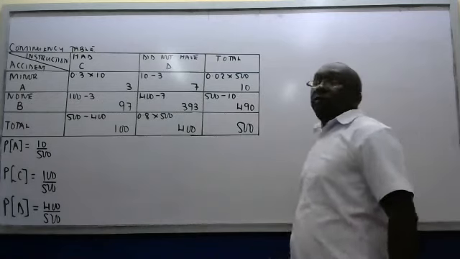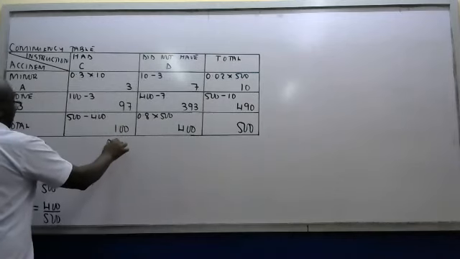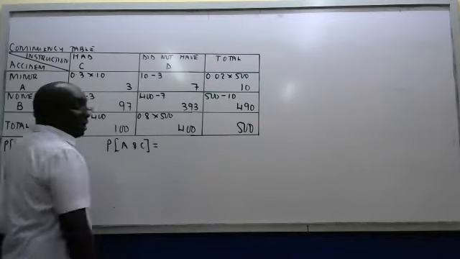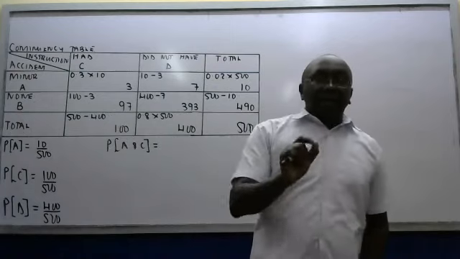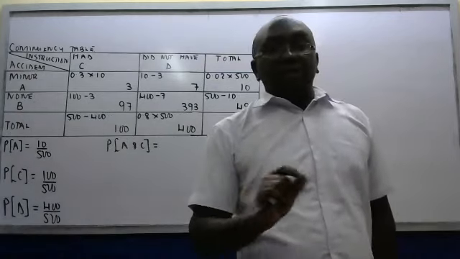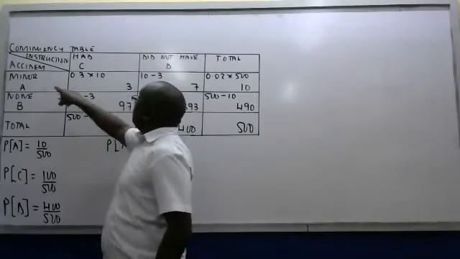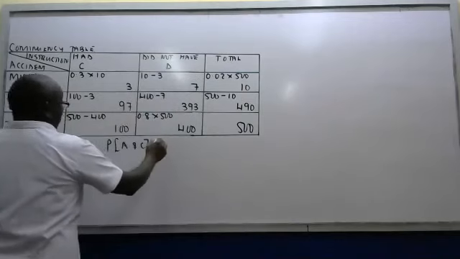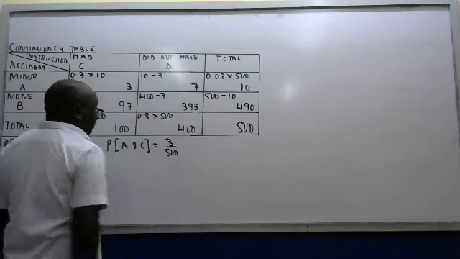If we are told to give us probability of A and C, right from when we began set theory, I told you the word "and" means intersection. So you go where C and A meet. Who is there? 3. So the probability would be 3 out of the grand total, 500.